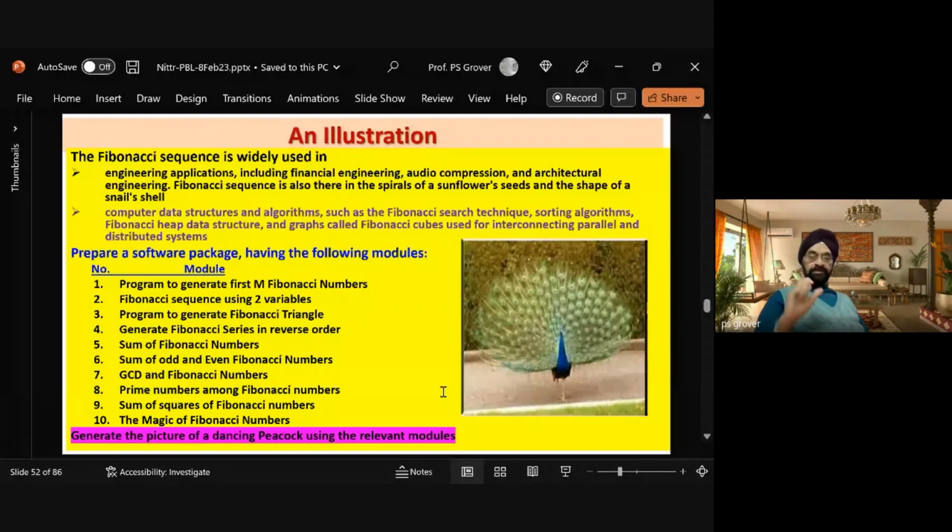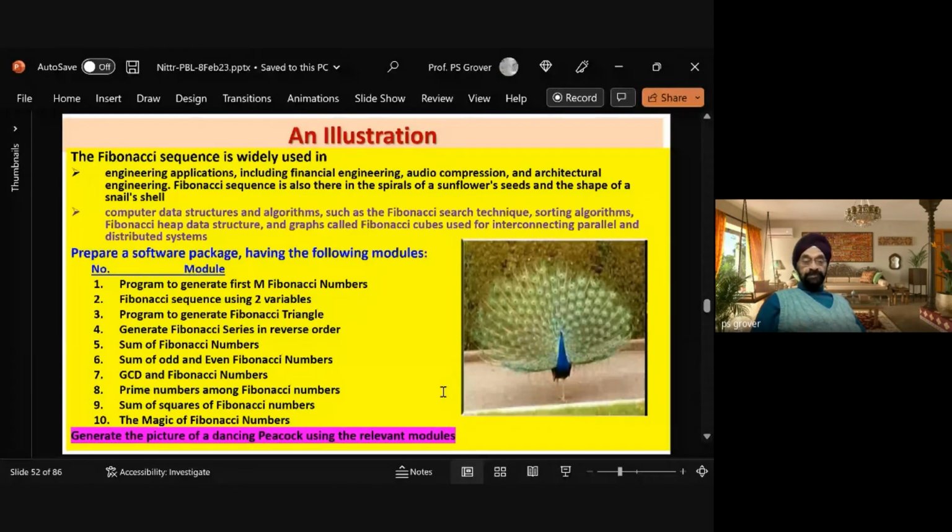Then when he prepares this package, this package can be used to generate the picture of a dancing peacock. I've shown it here also, which means I am asking the student to prepare the picture of a dancing peacock using the Fibonacci series.